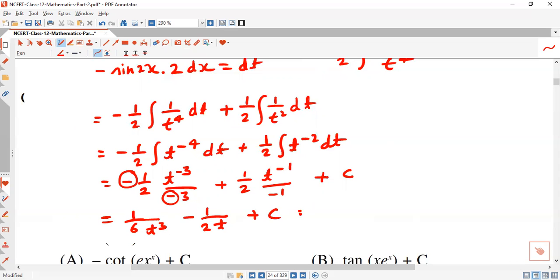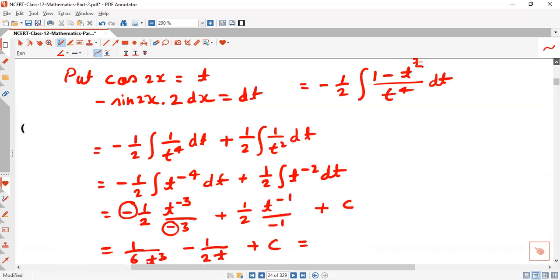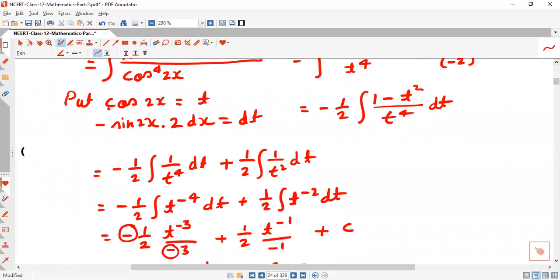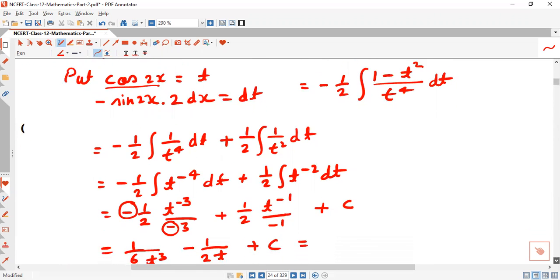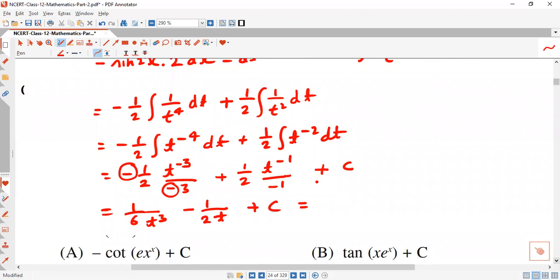Now put the value of t. We assumed t equal to cos 2x, not cos x. So putting t as cos 2x, it becomes 1 by 6 into 1 upon cos cube 2x minus 1 upon 2 cos 2x plus some constant c.